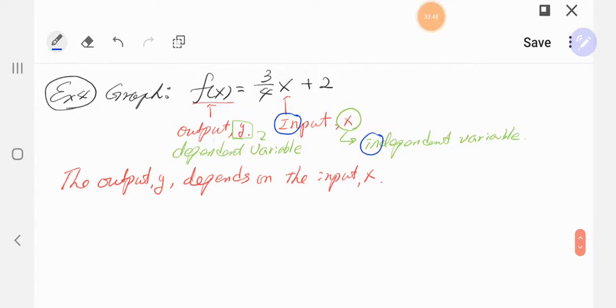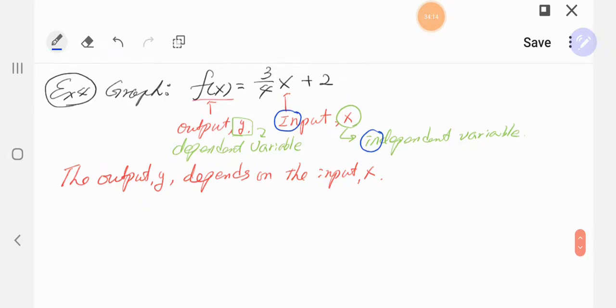And output, okay, y is an output variable. The output depends on the input, so y is dependent variable. So x is input, then y is the opposite, right? So it's really important to understand dependent variable and independent variable. Independent variables are input values, right?